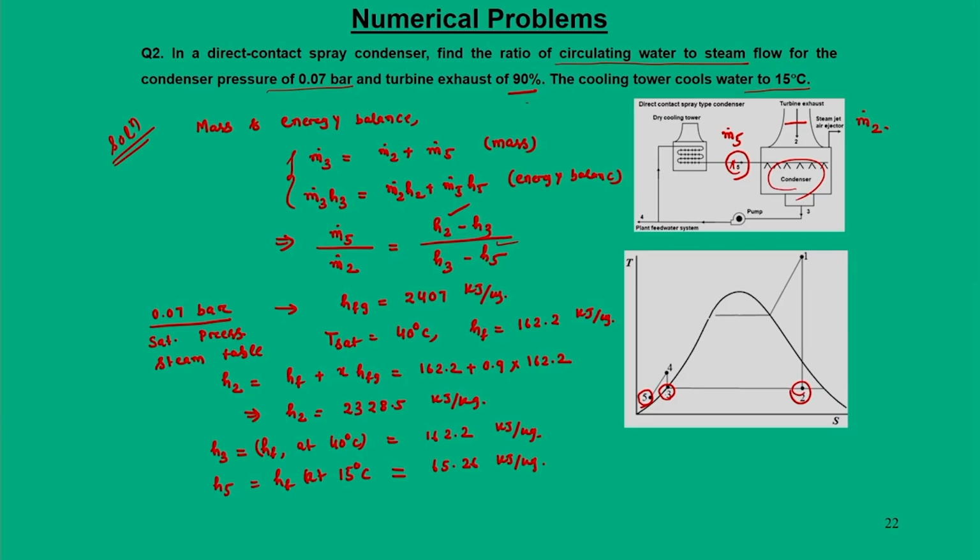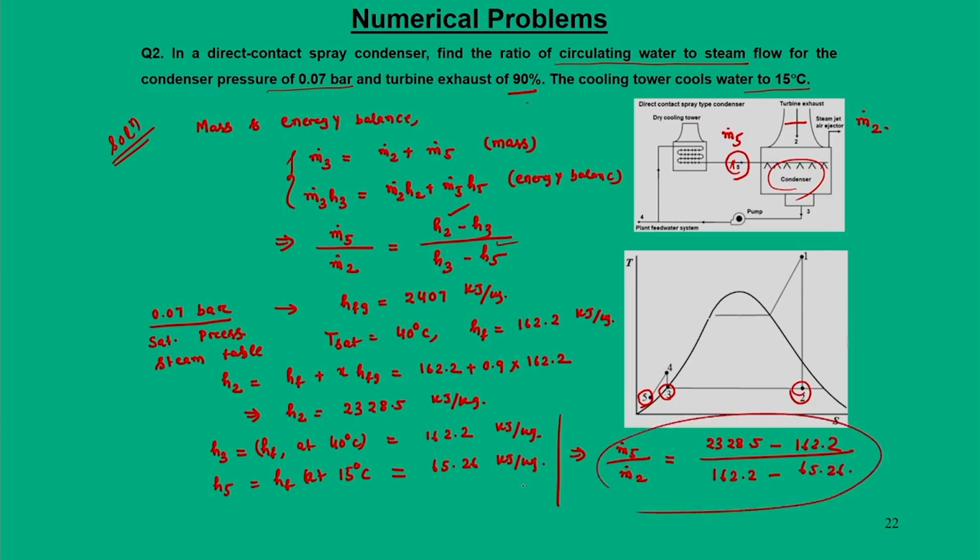After inserting these values, we get m dot 5 divided by m dot 2 is equal to 2328.5 minus 162.2 divided by 162.2 minus 65.26.